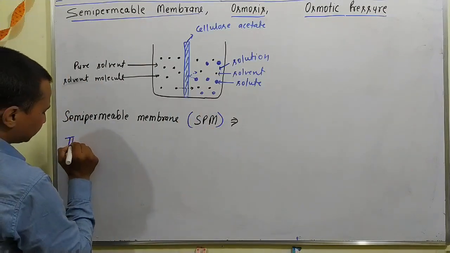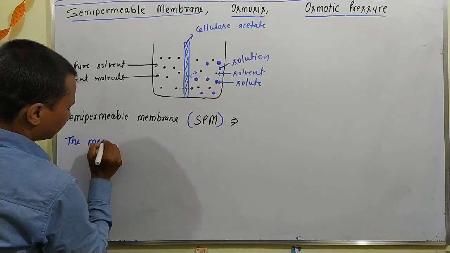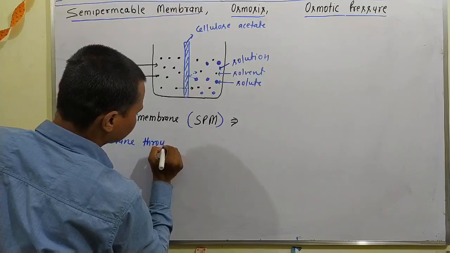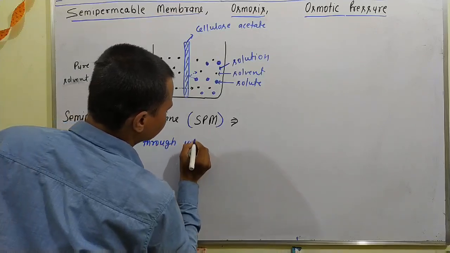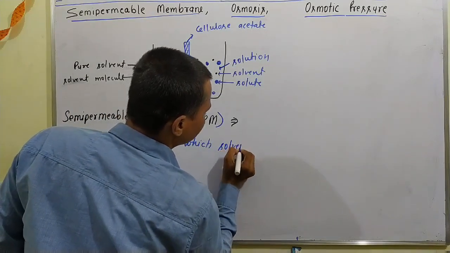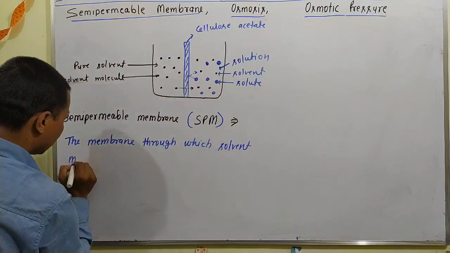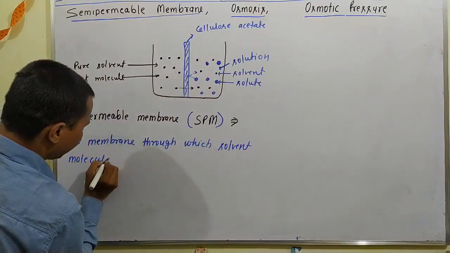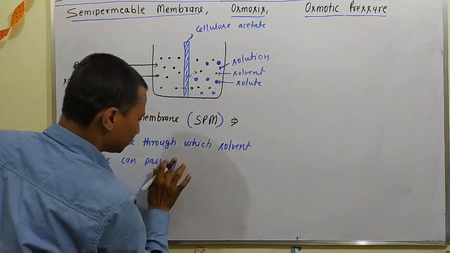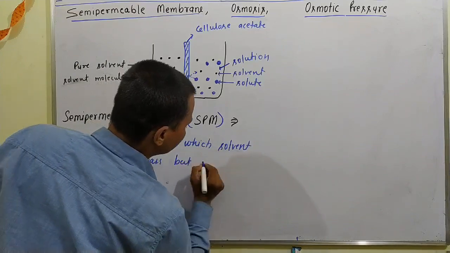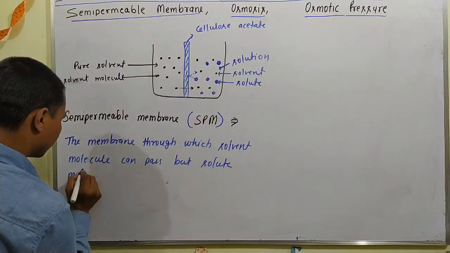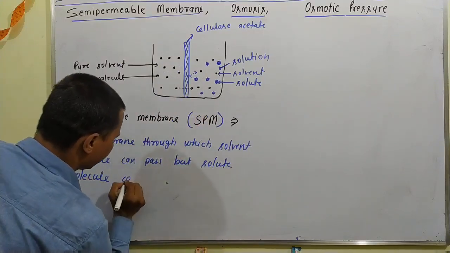The membrane through which solvent molecules can pass but solute molecules cannot pass.